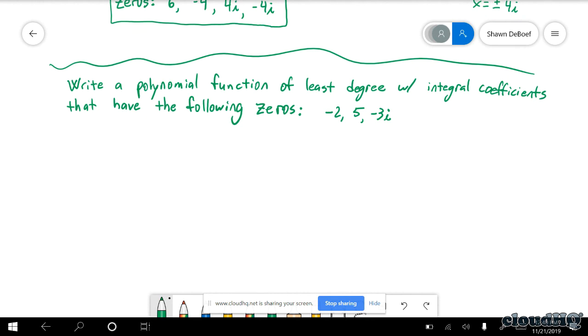So it gives us the zeros, and we have to give the function.